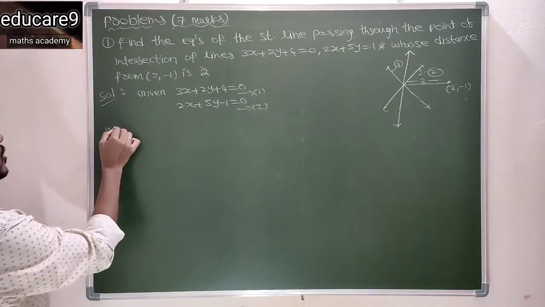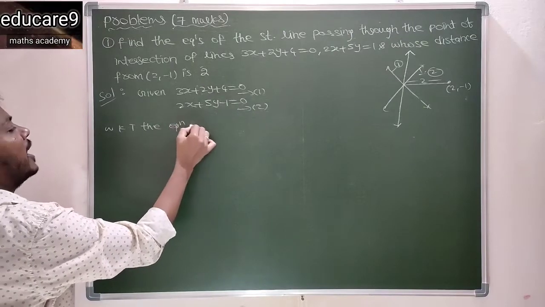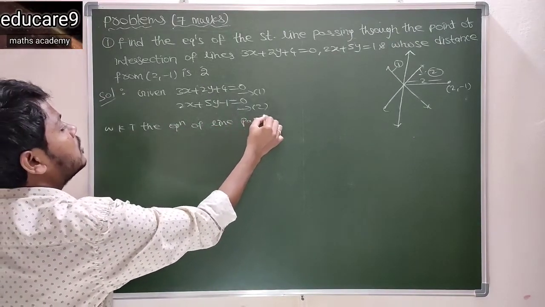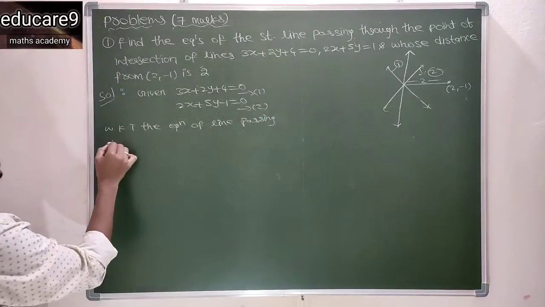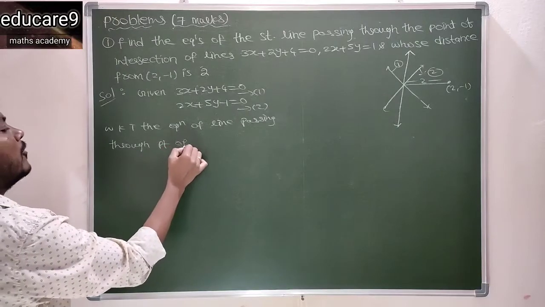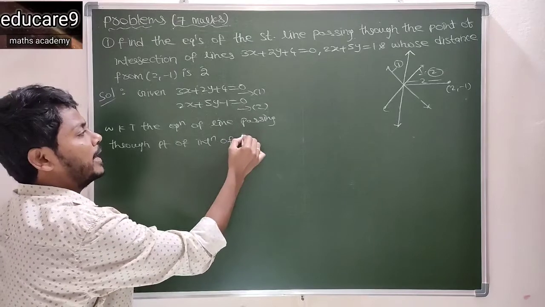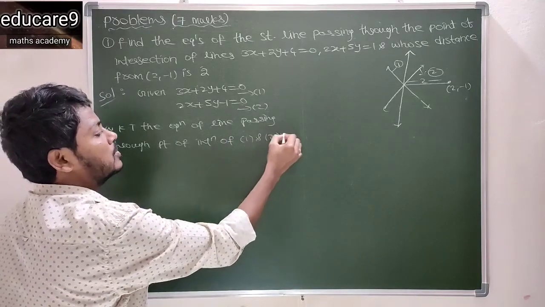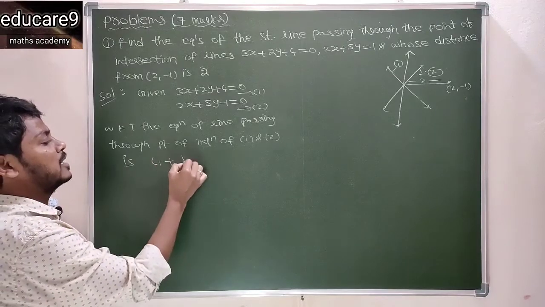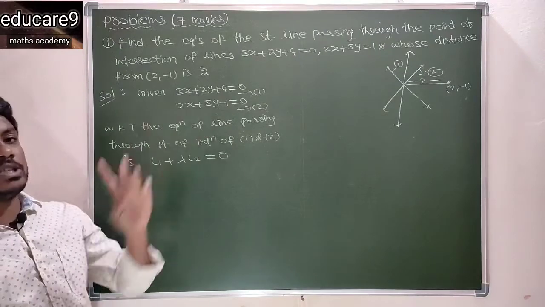Here you know that the equation of the line passing through the point of intersection of 1 and 2 is L1 + λL2 = 0. So L1 is the first line and L2 is the second line.